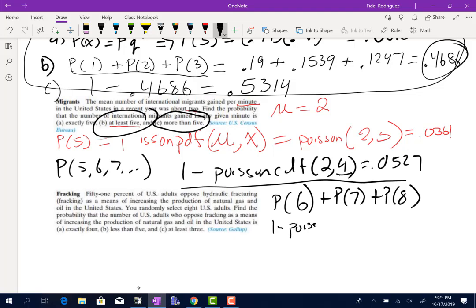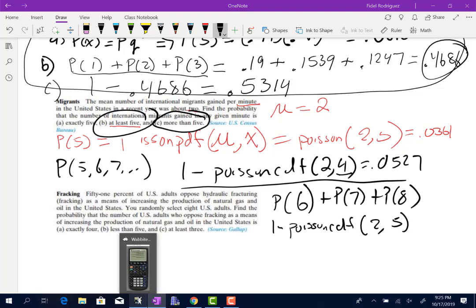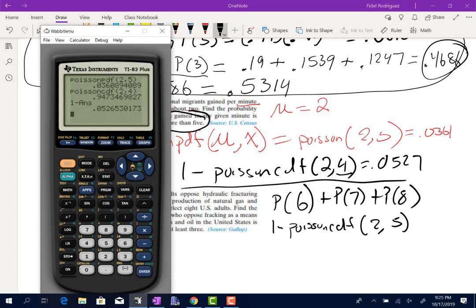1 minus Poisson CDF. We're going to go 2, we're going to go 5, and that should give us the answer for that one, right? So let's go like this, second vars. Poisson CDF, and we said what, 2 and 5? Oops, sorry, I forgot the 2. 2 and 5.